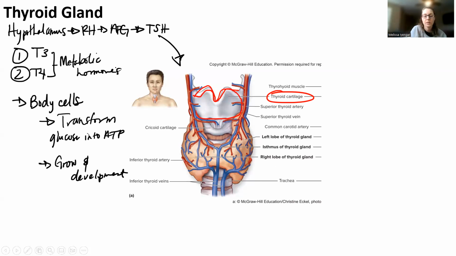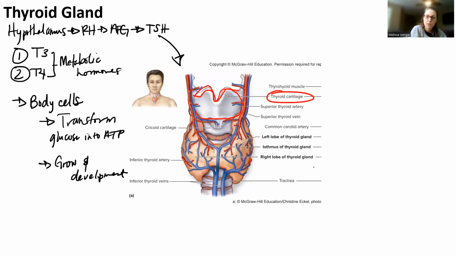Then the other thing is that the thyroid gland is going to make another hormone. This hormone regulates blood calcium levels. So we can kind of do this whole stimulus thing here, but that doesn't work very well because what we're looking for is blood calcium levels.